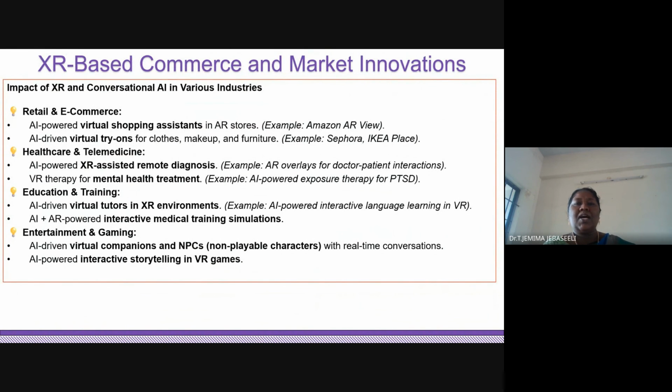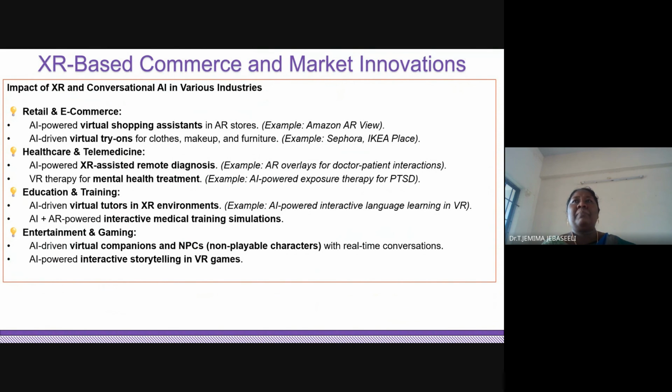All these are some of the market innovations, like e-commerce. E-commerce based applications are already there, and you can also design many things. Sephora, for choosing lipstick, because you cannot apply all the lipsticks and find out which suits you. But Sephora gives a virtual reality feel.